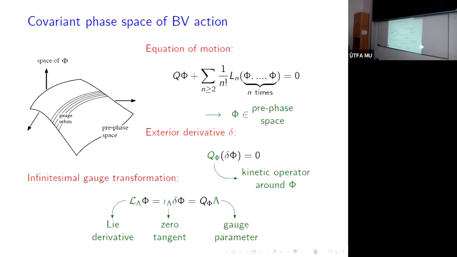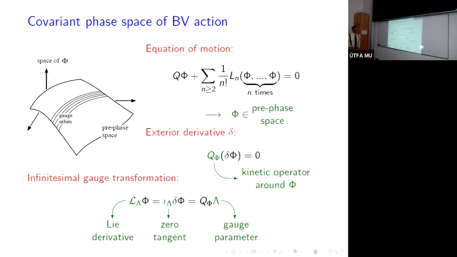Okay, so now let's get into more technical things. How do we talk about covariant phase space at the level of a PV action, the kind that inhabits field theory? Well, we have the space of fields phi, which, as I said, is some linear vector space H. And inside this vector space, there's a surface which represents solutions to the classical equations of motion.